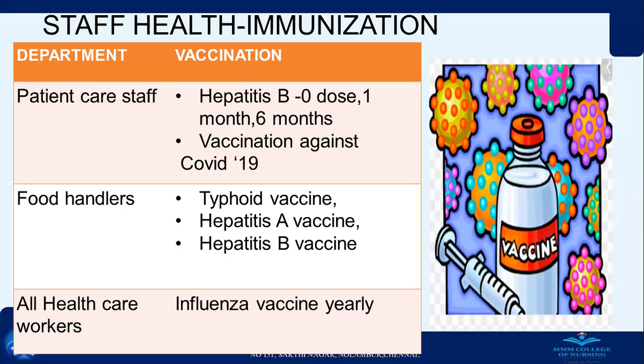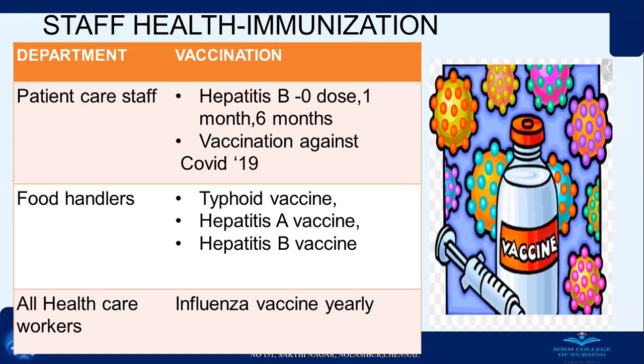Now, what is the basic immunization expected for the concerned health personnel? Depending on the department, the vaccination varies. Irrespective of who is working in the hospital, everyone should have the influenza vaccination once for that year.